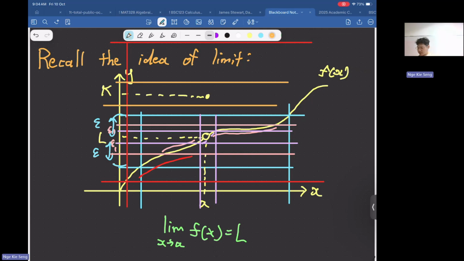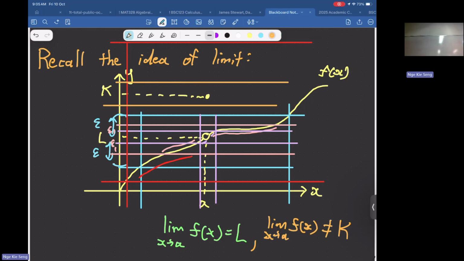So we wouldn't say that the limit of f(x) when x approaches a is equal to k, because if you get very close to k, you cannot see your function anymore. Can you see any function? No, right? You are missing it. So if you want to say that the limit of f(x) is equal to L, no matter how small a region around L, you should be able to see part of the function.